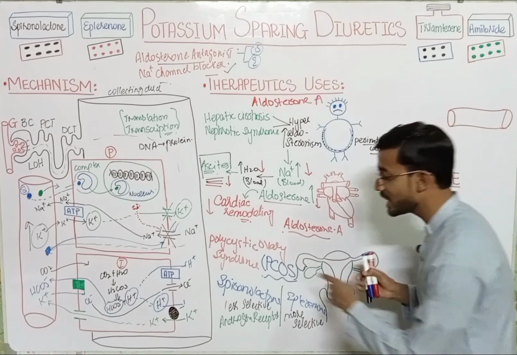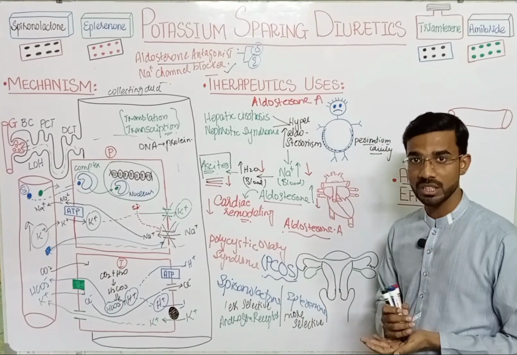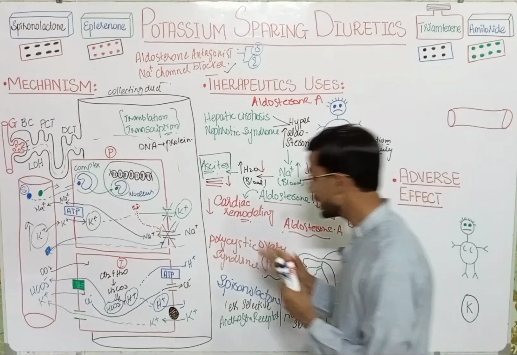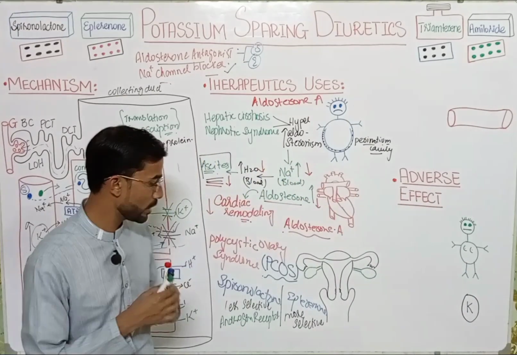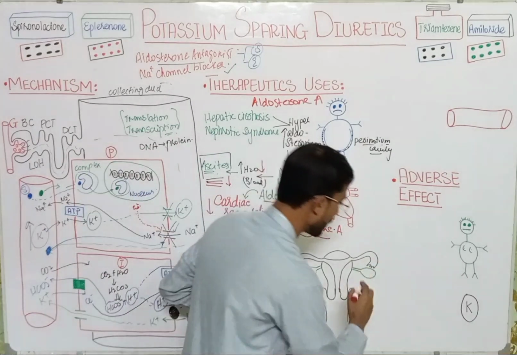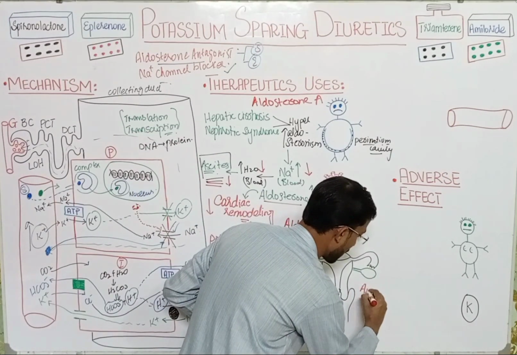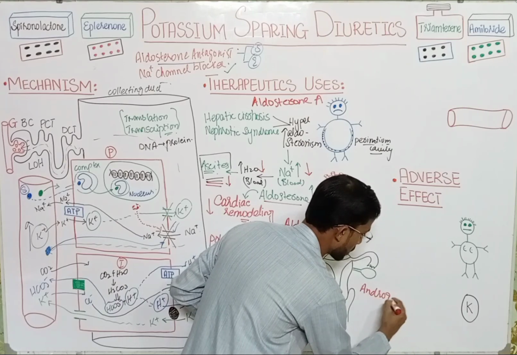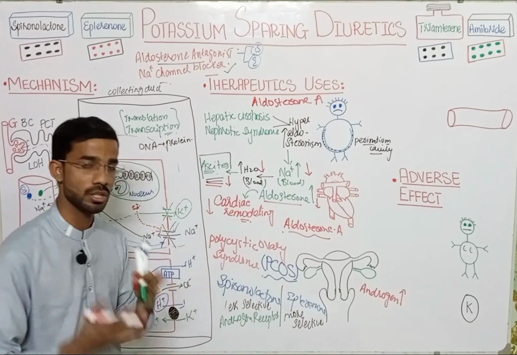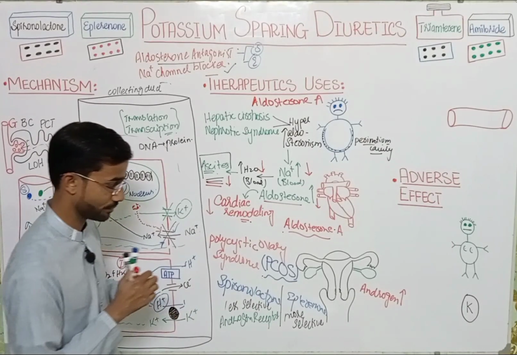If spironolactone binds to the androgen receptor, then the concentration of the androgen will reduce. In polycystic ovary syndrome, you will see an increase in the concentration of androgen.